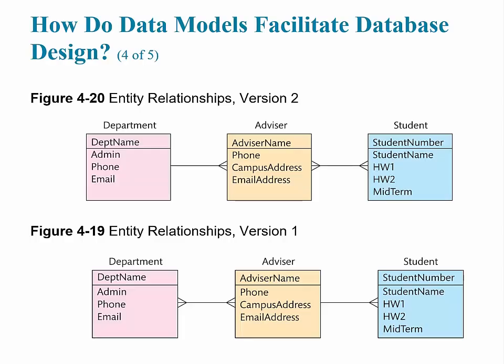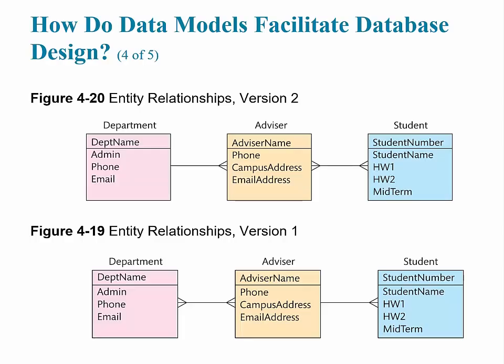Other times you can have a scenario where a student can have only one advisor. If you look at the bottom one, between department and advisor it is many-to-many, meaning that a department can have many advisors, and the same advisor can advise in different departments. That's why there's many-to-many. At the same time, an advisor can have many students, but a particular student can have only one advisor.